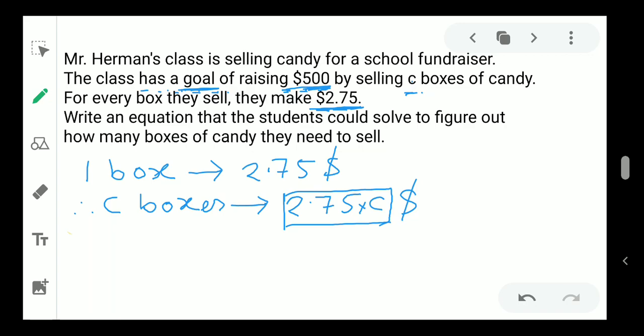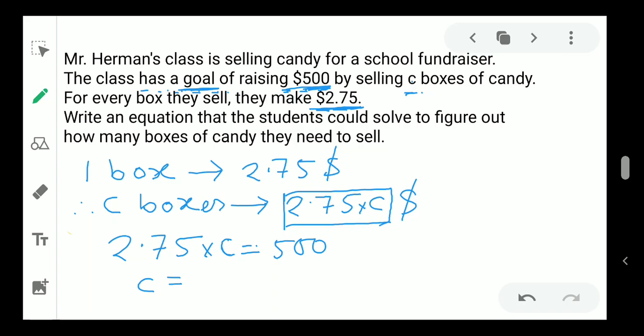So the equation will be 2.75 into C is equal to 500.